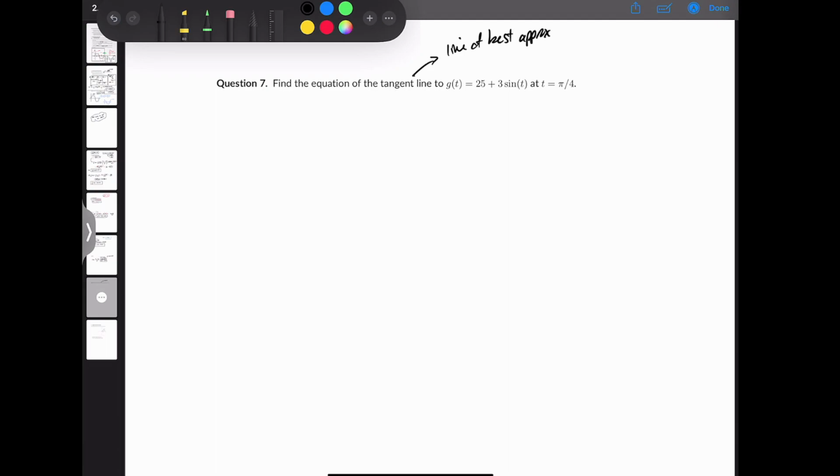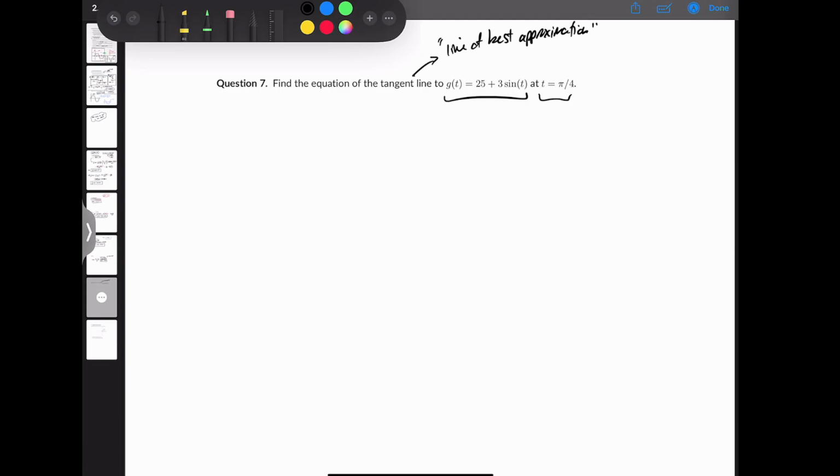English is hard. Right, it's the line that approximates the function the best at a point because it has the slope of the tangent line. It's behaving exactly like the function is in a local neighborhood for this function at t equals pi over 4. So what do you need for the tangent line?